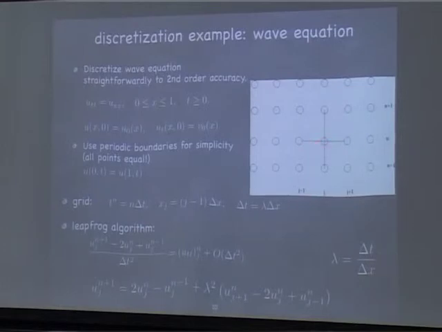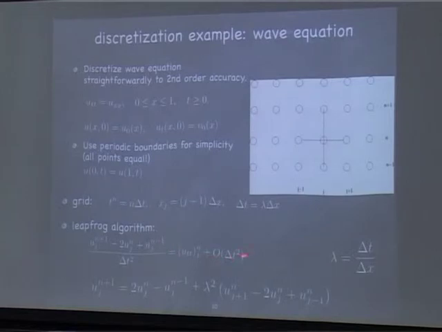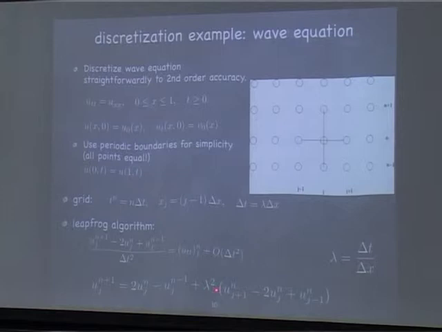We can do the same thing in the x direction. We just write the same thing in the x direction, and then we rearrange the terms, and we say u_j^(n+1). So this value can now be expressed from this one and this one and this one and this one. And so we just rearrange our terms, and we get that u_j^(n+1) is twice u_j^n, so twice this one, minus this one, plus a combination of these three.